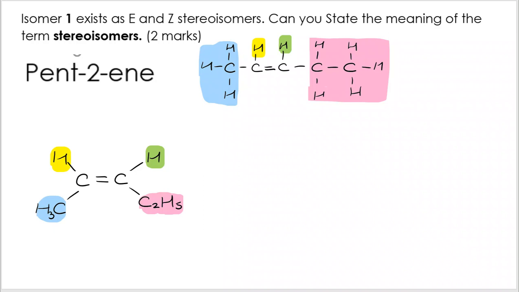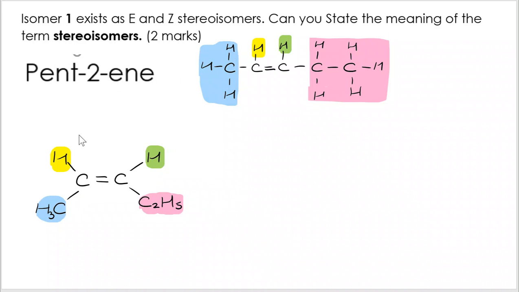Now it comes from German words entgegen, opposite, and zusammen, together. And what we've got to consider is what is together. And you look at the proton numbers and you add up the atomic numbers for each carbon. So in this case, I'm comparing H to CH3, and for this carbon, I'm comparing H to C2H5.